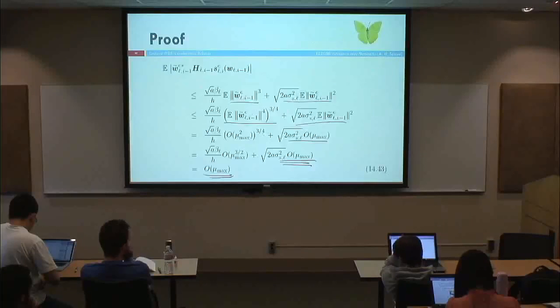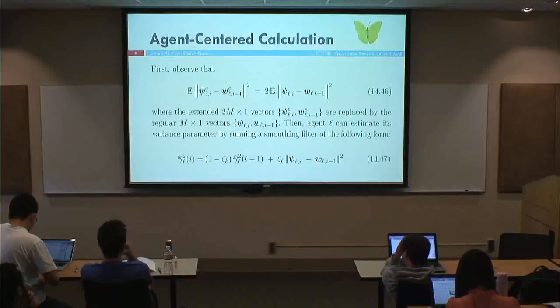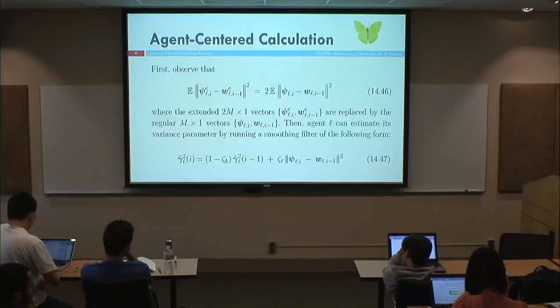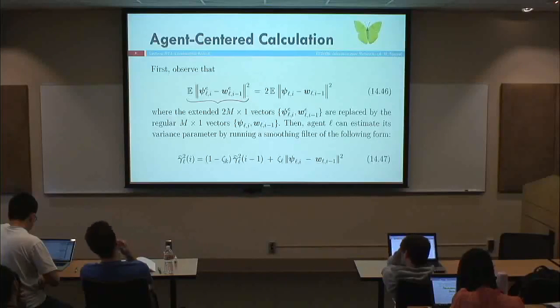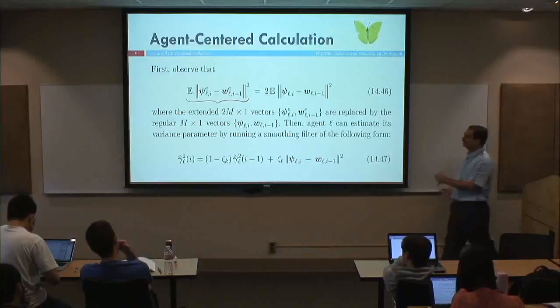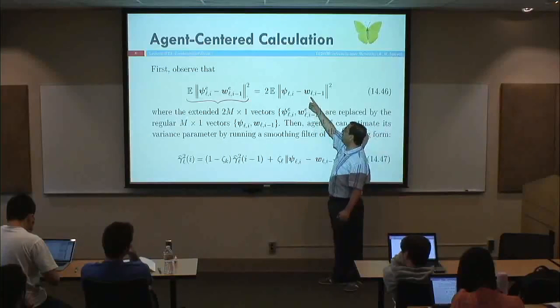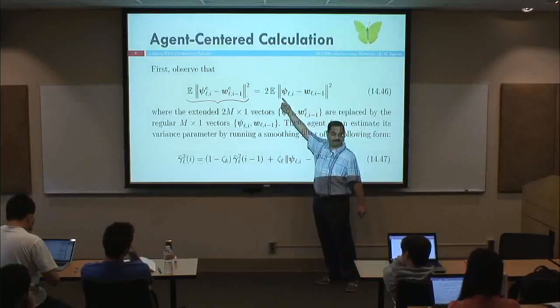So now, with all of this, I can develop my adaptive strategy, because remember, what I wanted is to estimate this at agent L. Well, agent L already has the W and the psi, right?